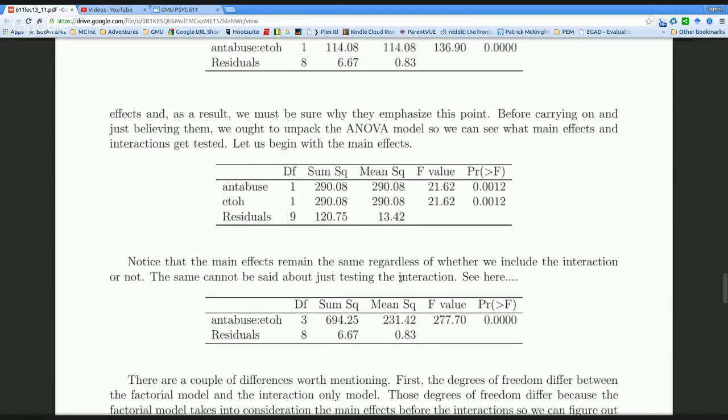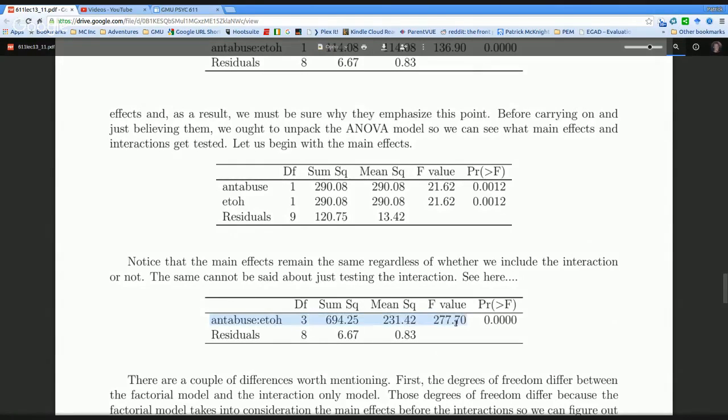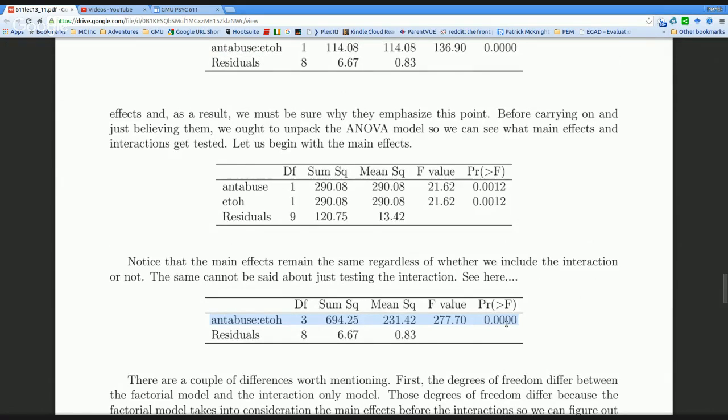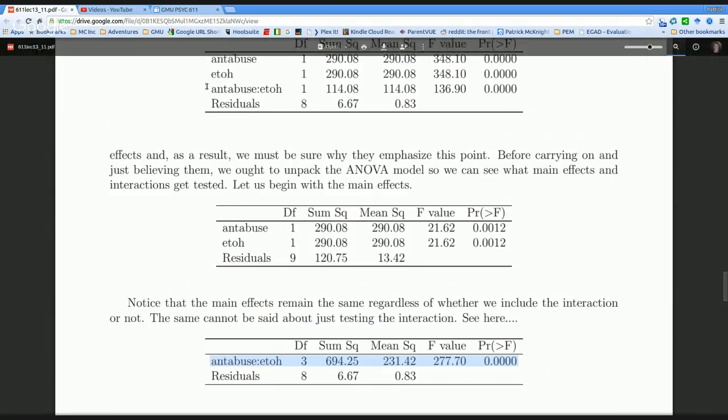Okay, suppose, though, that what I really want to do is just test the interaction. Well, if I test the interaction alone, without testing the main effects, I get a substantially different test than if I tested my interaction and the main effects. Why is that?